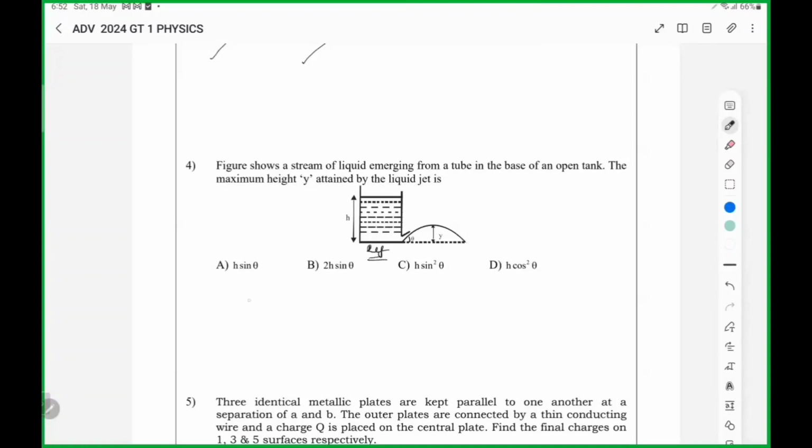What we know in Bernoulli's theorem is pressure plus half rho v square plus rho g h is constant. If you take this as a reference level, at this point it is atmospheric pressure. Let us say the liquid emerges out of the tube with V1 velocity, and when it reaches this point, V2 velocity.